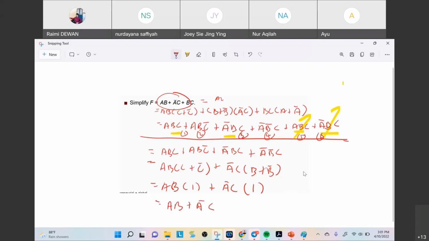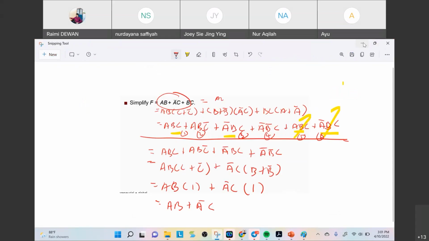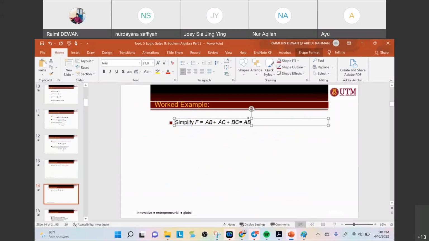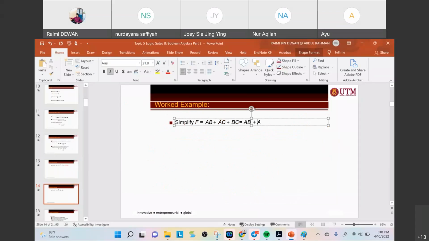So the answer is A B plus A C bar. So another way we want to write the inverted is this, because I don't have the bar item right now.